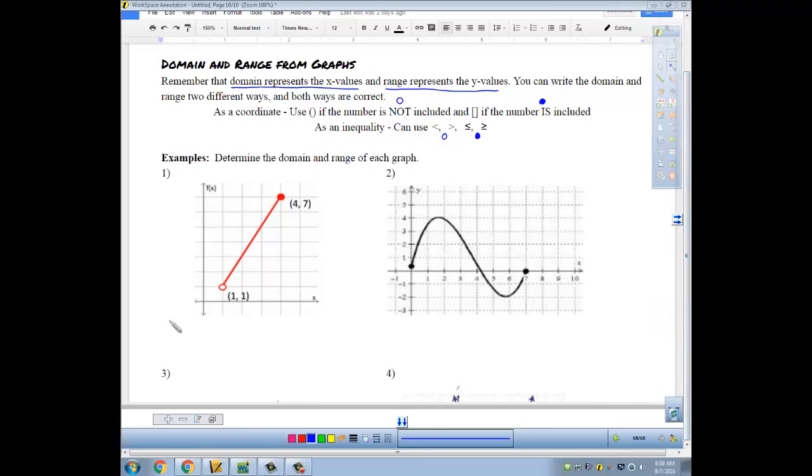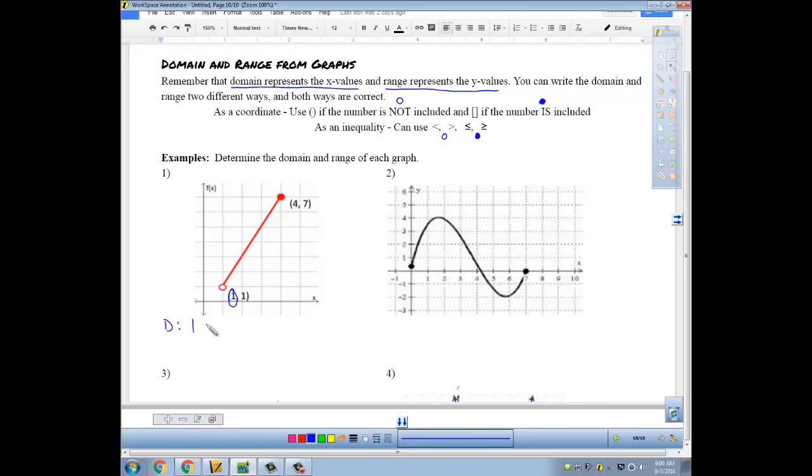So for number one, I'm going to start with the domain. For the domain, I want to find what is my furthest to the left x point. So that is 1. So I start with 1. That was an open circle. So open circle, I'm going to use either less than or greater than. If I look, all of my points are to the right of 1, so they are greater than 1.